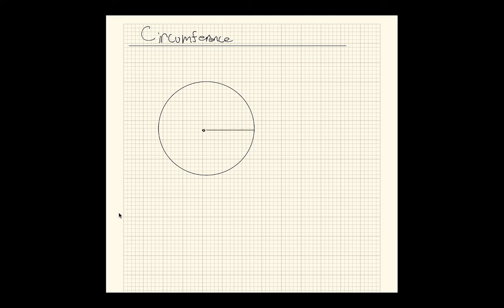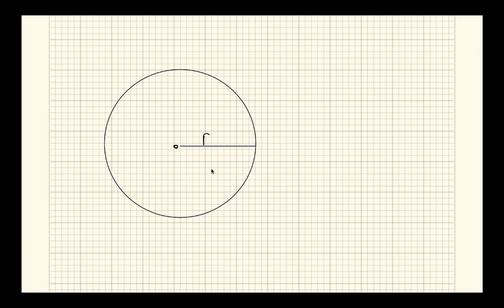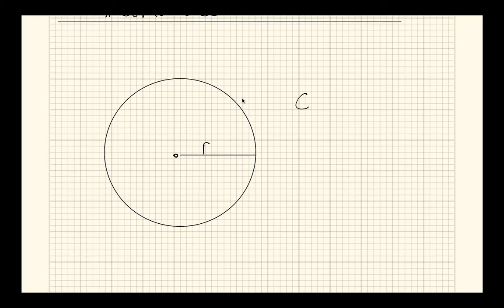So given a radius, how can we find, like if I was to take this circle, unravel it, straighten it out, and measure that distance. How do you get that distance? That distance, circumference, is equal to 2 times pi times the radius. 2 pi times the radius.